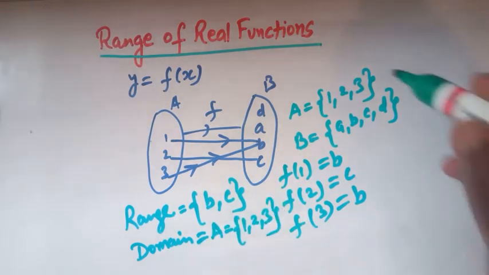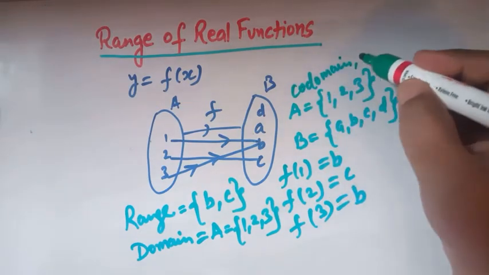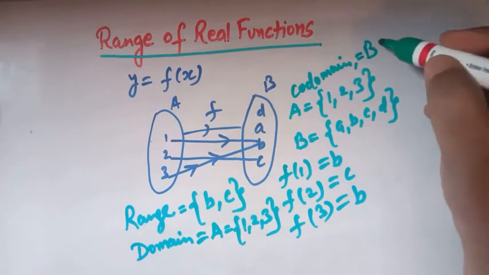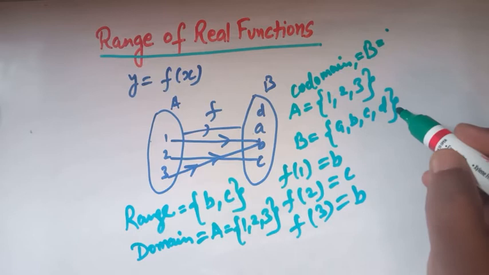And what is the codomain? The codomain is equal to the set B, which is a, b, c and d. Clear?